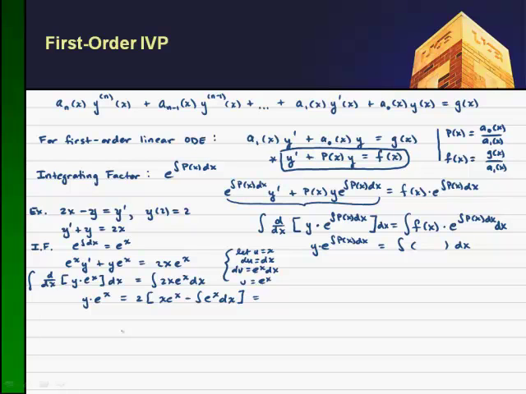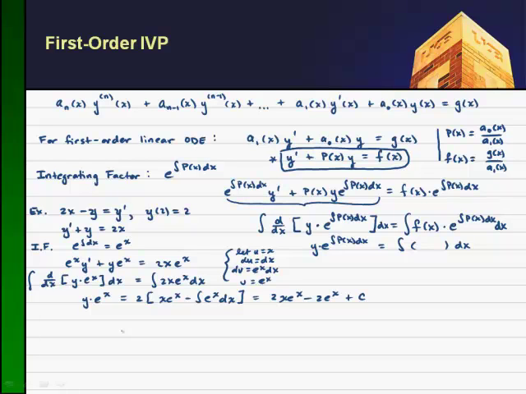That simply becomes, I could distribute this in, 2x e to the x minus 2 e to the x, and then plus some arbitrary constant. I could have left this entire piece inside the parentheses and then distributed the 2, but 2 times c is just another constant anyway, so I'll just leave it as some constant c.